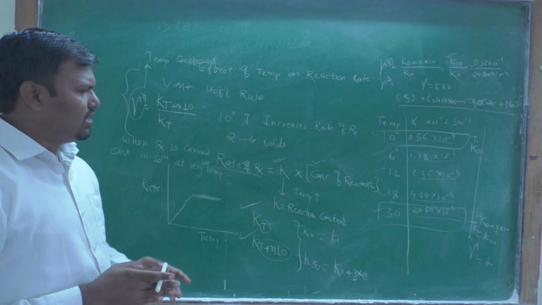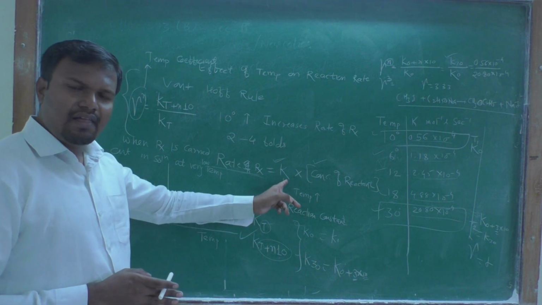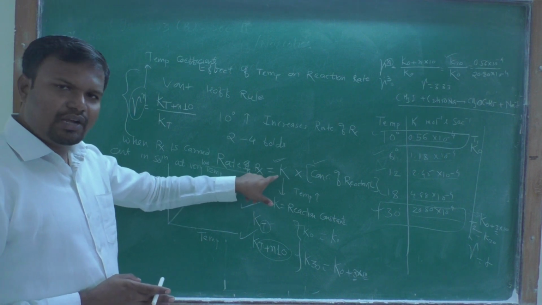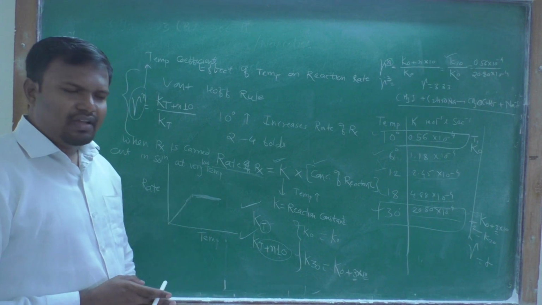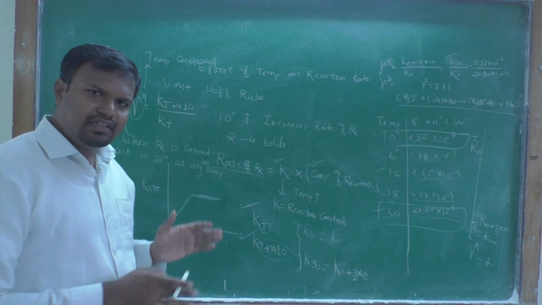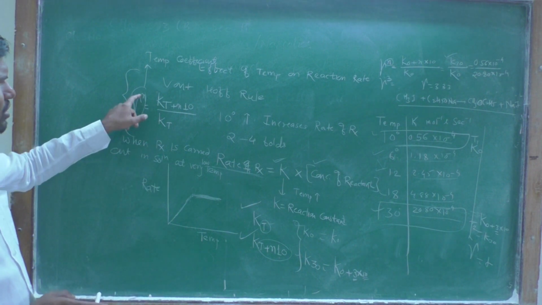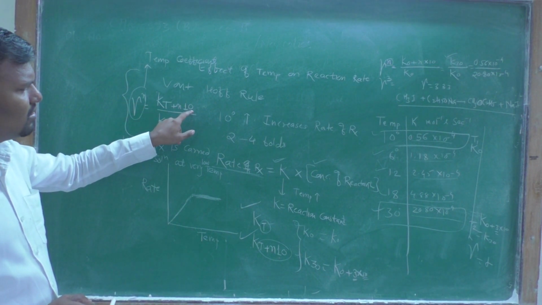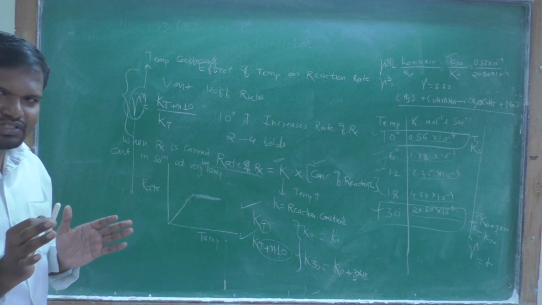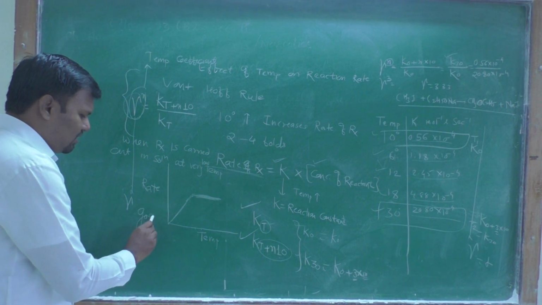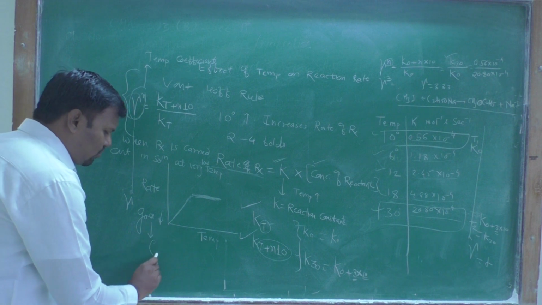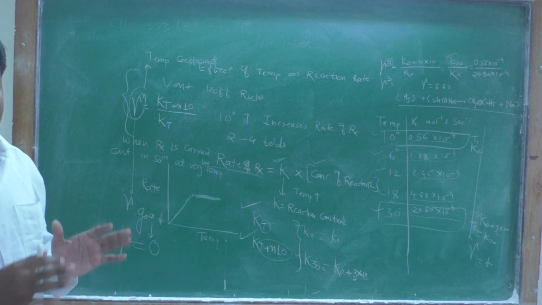This relates to the increase in rate constant when temperature increases, and hence the reaction rate increases. Then the Van 't Hoff rule is given as gamma raised to n is equal to k at T plus n into 10 upon k at T, and this gamma goes on decreasing as temperature increases and tends to unity.